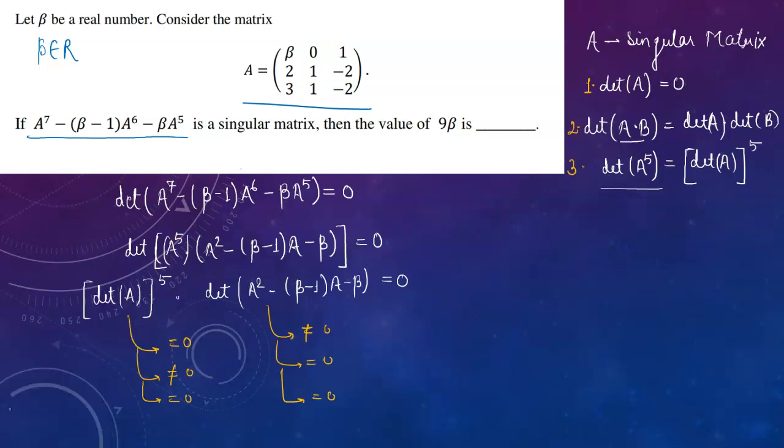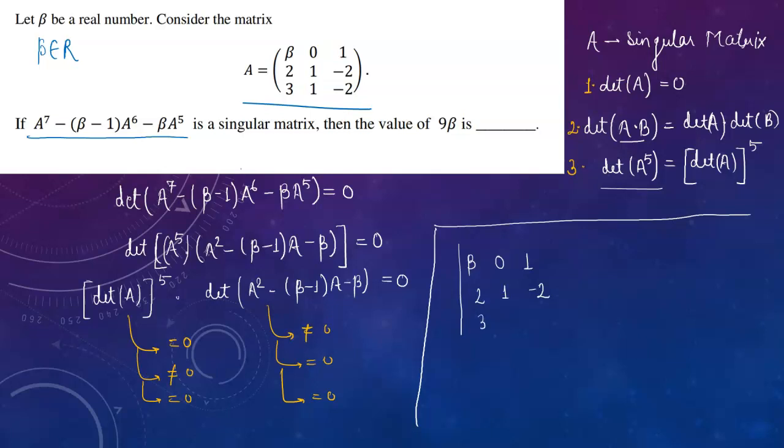So what will be determinant A? Again, I'm not going to explain how to find a determinant or how to expand or solve it. You must know how to solve a determinant.